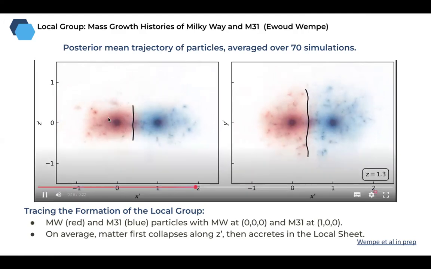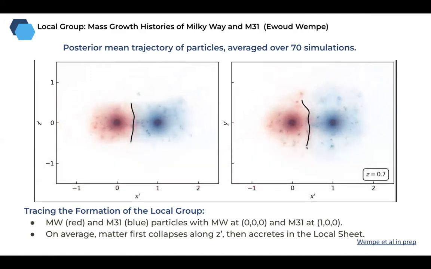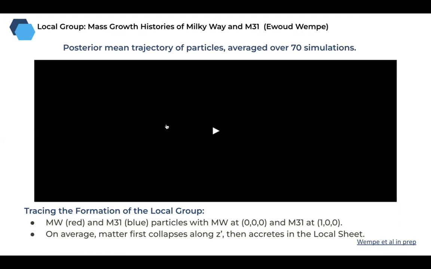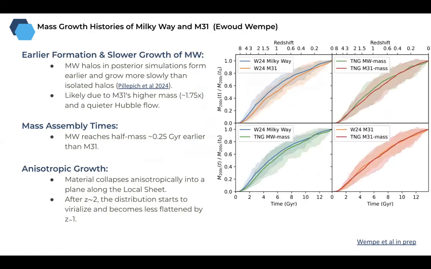And then once it's collapsed along the local sheet, we see that it starts collapsing within the local sheet. So this is a very interesting dynamics test and understanding from a purely dynamical point of view how the Milky Way basically formed in this local sheet.